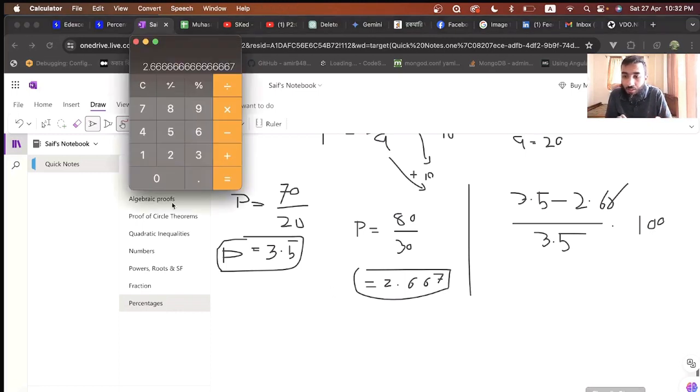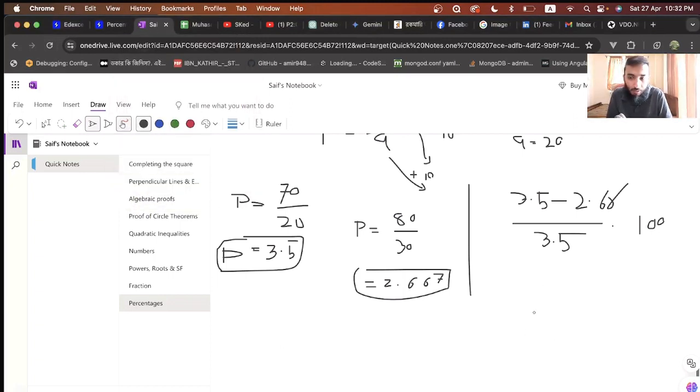So the percentage decrease is 3.5 minus 2.67 divided by 3.5 multiplied by 100. If you do this calculation, we get what? Around 23.7%.